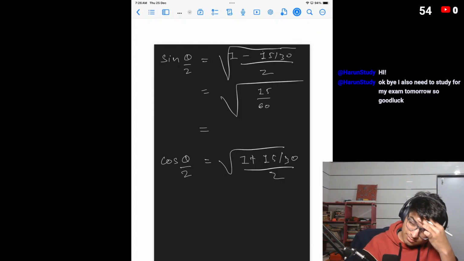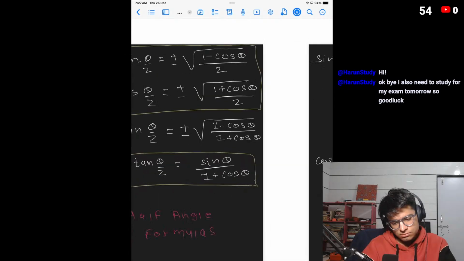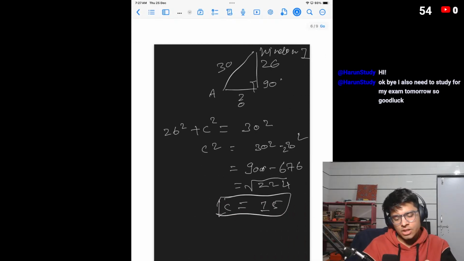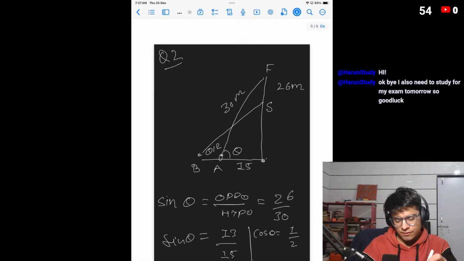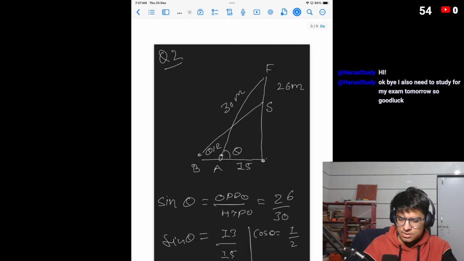Can the value be 45 and this be 60? No, hypotenuse is 60, this is 45.